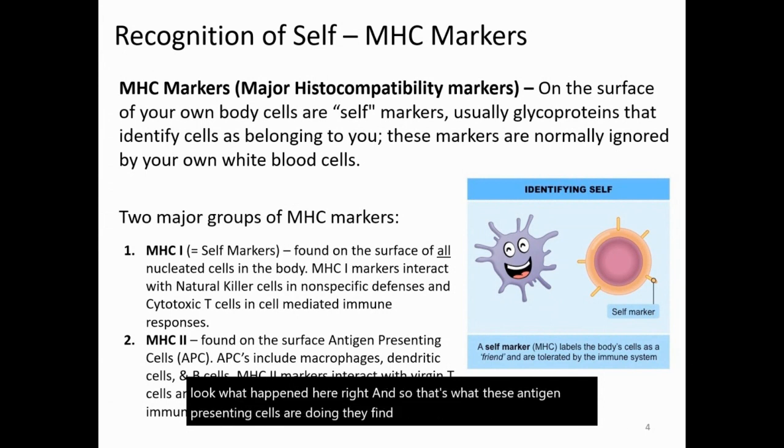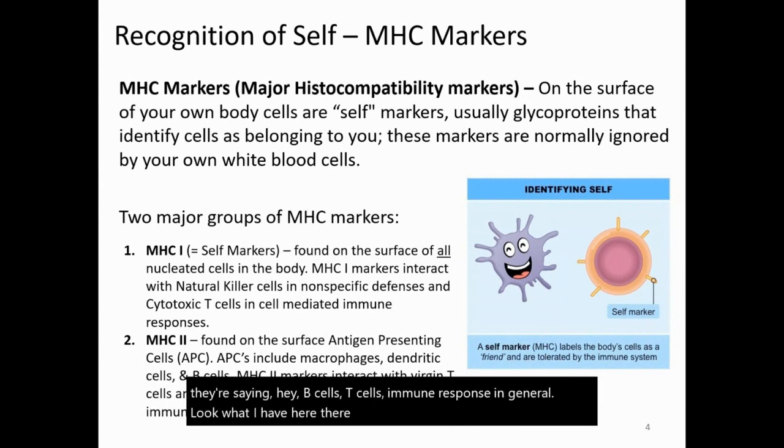They find the pathogen, they're going to phagocytose it, chop it to bits. And then they take the antigen, the part of that pathogen that the body recognized as foreign, and they present it to the rest of the immune response. And essentially they're saying, hey, B cells, T cells, immune response in general, look what I have here.